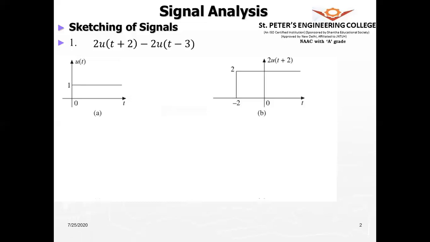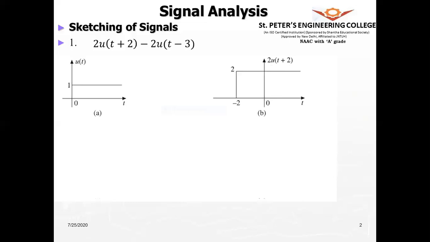This is the advanced signal, and 2 into u of t means it is multiplied by an amplitude of 2. So u of t has an amplitude of 1, whereas 2 into u of t will have an amplitude of 2, and 2 into u of t plus 2 will have an amplitude of 2, and it will not start at 0, it will start at minus 2. So this is 2 into u of t plus 2. This is a time advance signal.